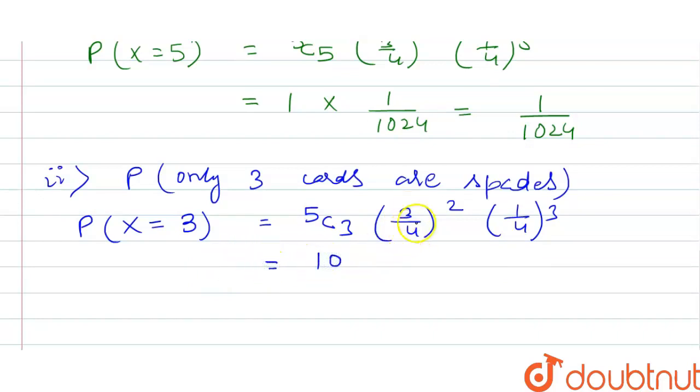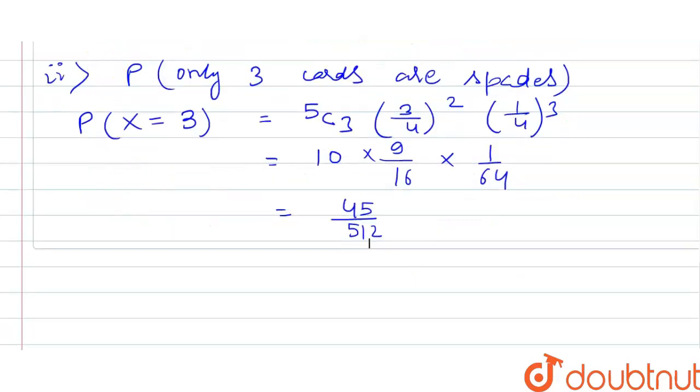The value of (3 by 4) to the power 2 is 9 by 16. The value of (1 by 4) to the power 3 is 1 by 64. Then we got 45 upon 512.